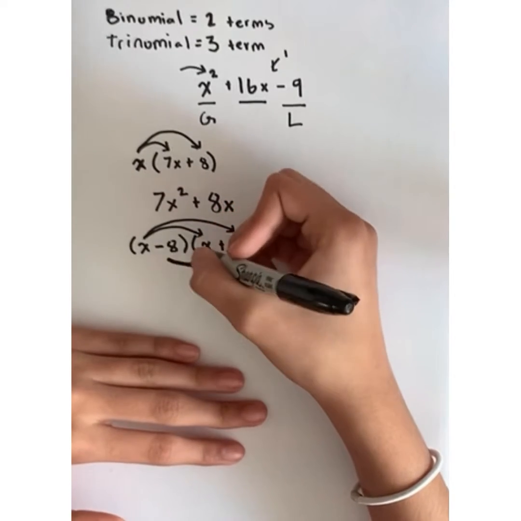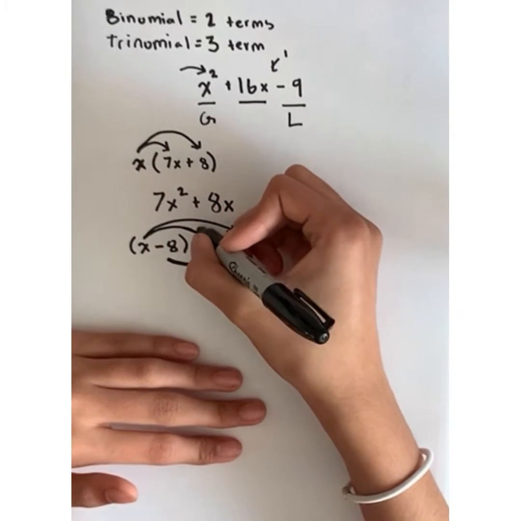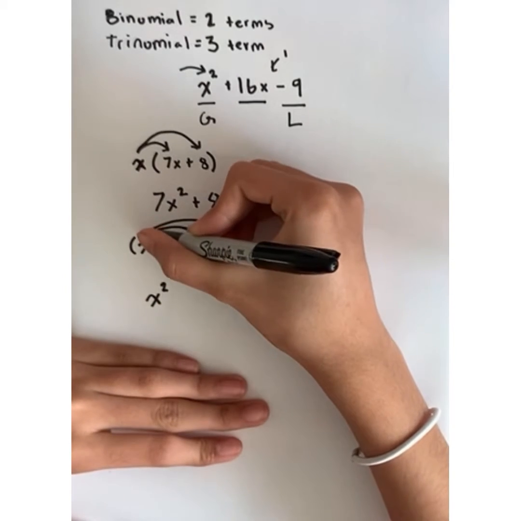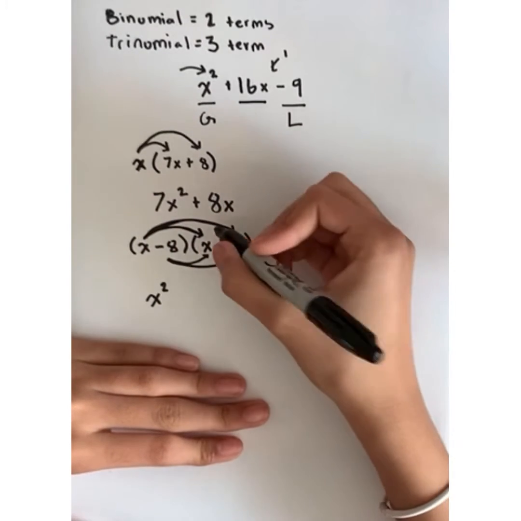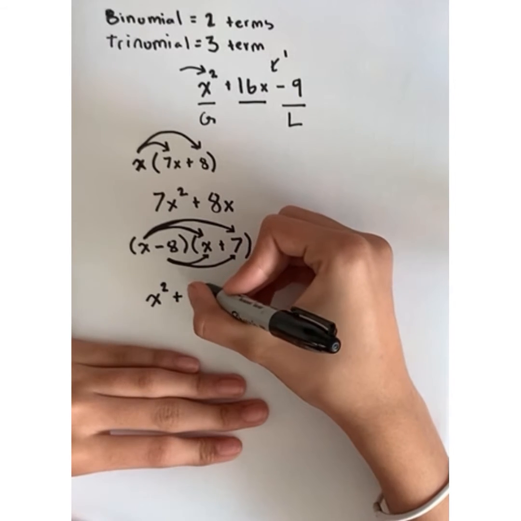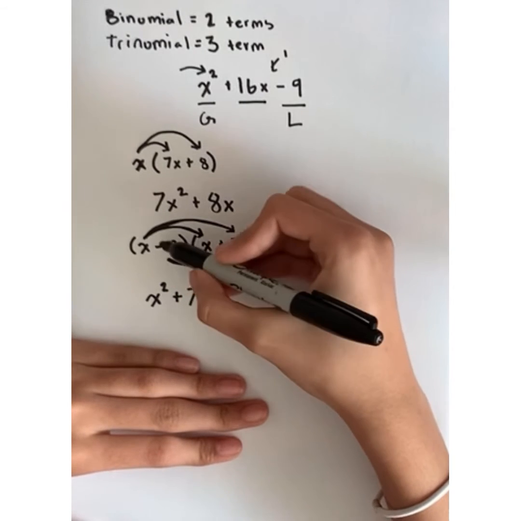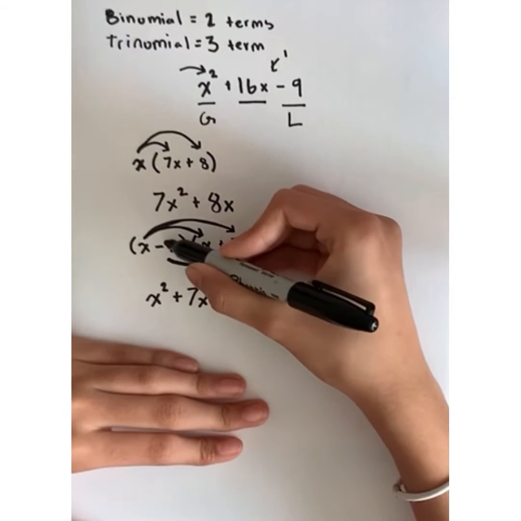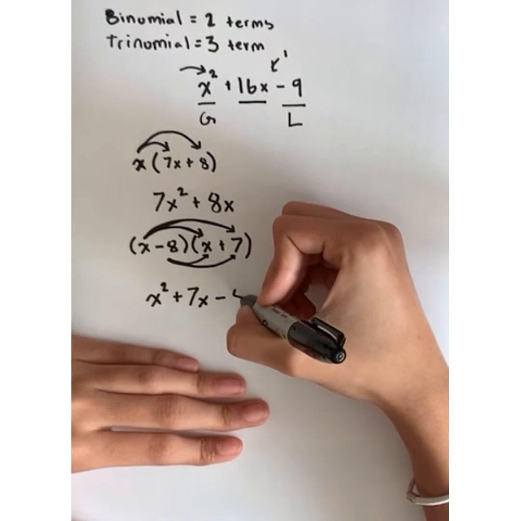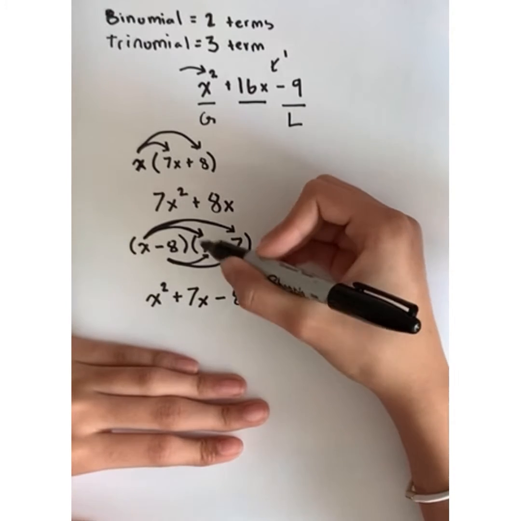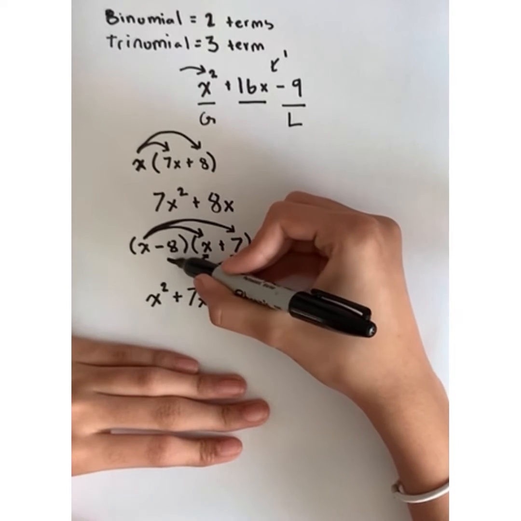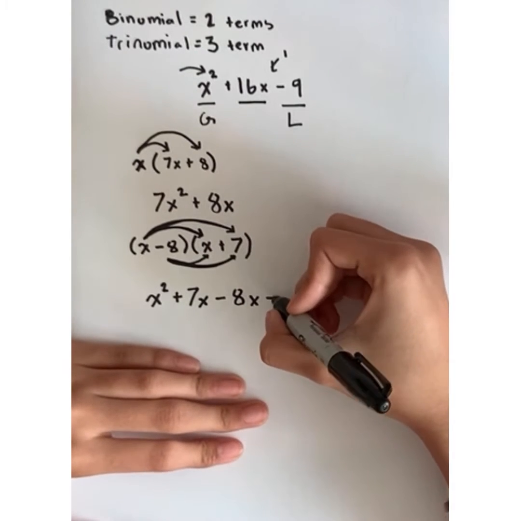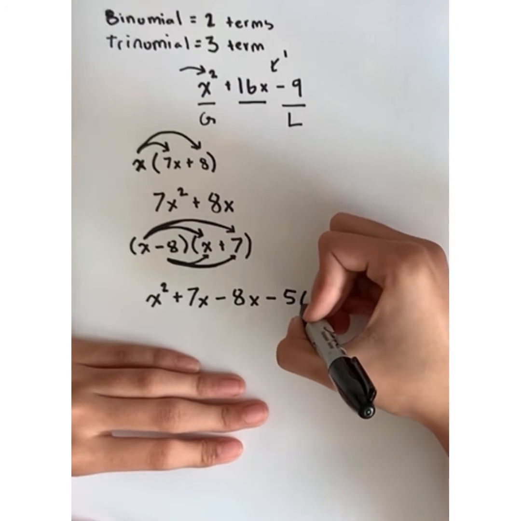So x times x equals, like we talked about, x squared. x times 7 equals 7x, and that's a plus sign, so plus 7x. Negative 8 times x equals negative 8x. And negative 8 times 7, since negative times positive equals negative, is going to be negative 56, right? 7 times 8.